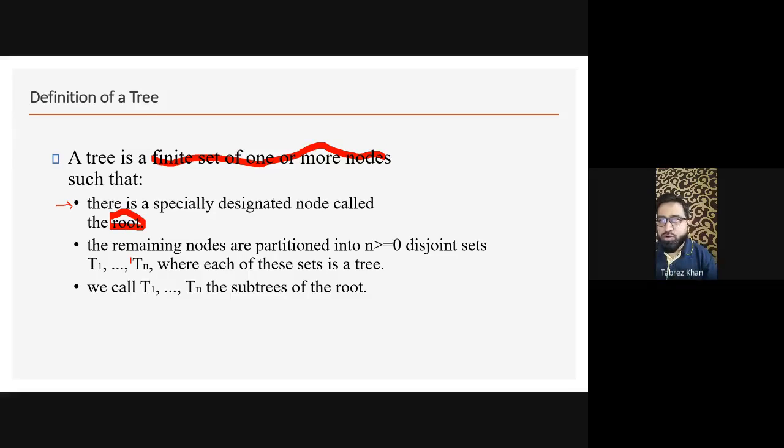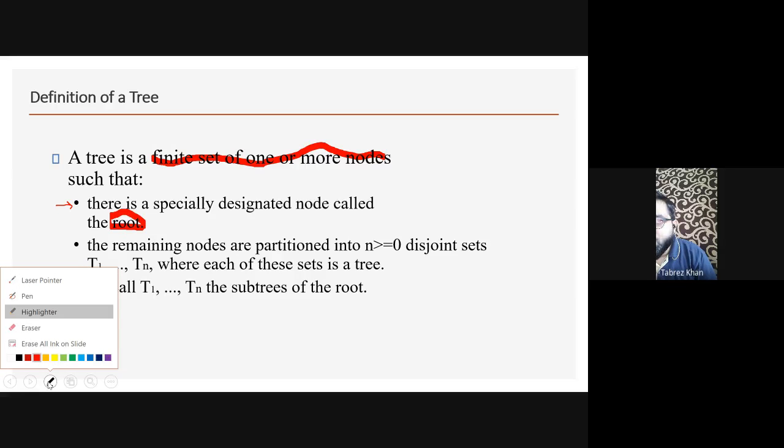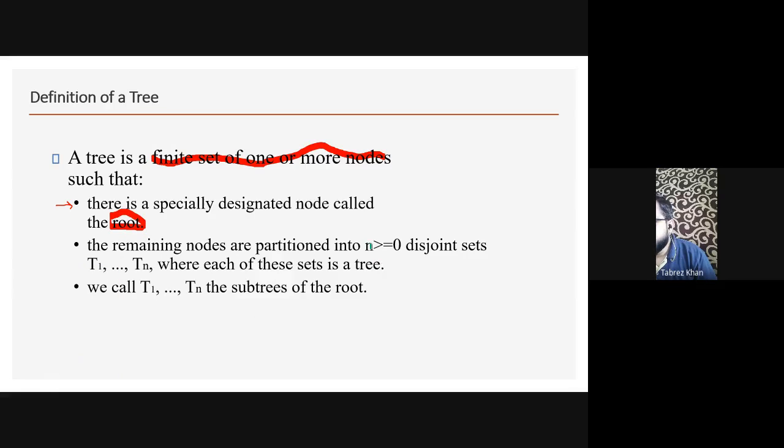So the remaining nodes are partitioned into n greater than or equal to 0 disjoint sets.